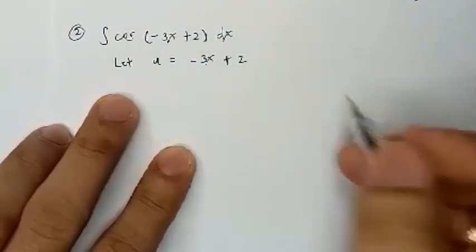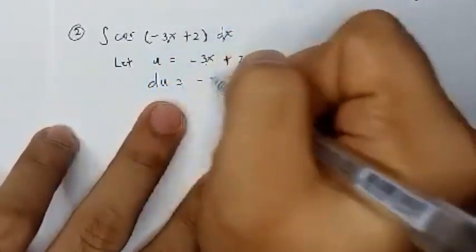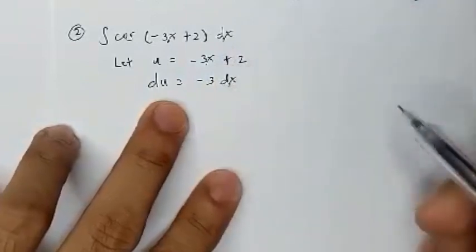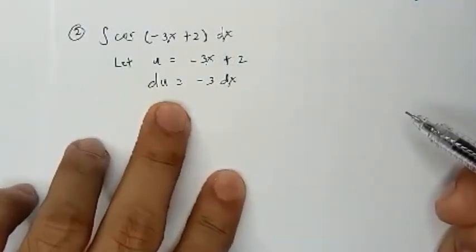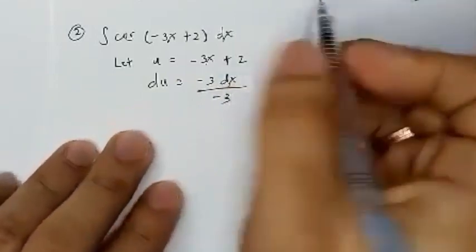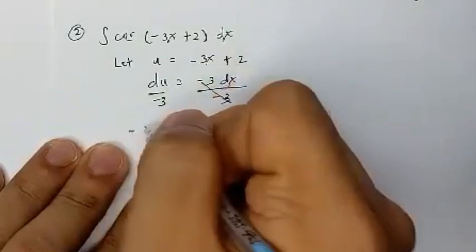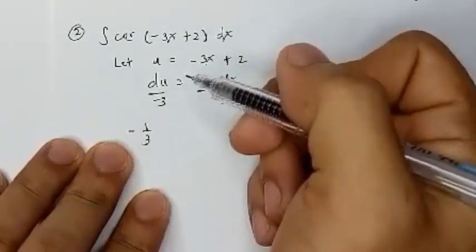After that, we get its derivative, so we have du equals negative 3 dx. And of course, what will happen? We simply divide both sides by negative 3. So we come up now with our integrating factor, which is therefore negative 1/3.